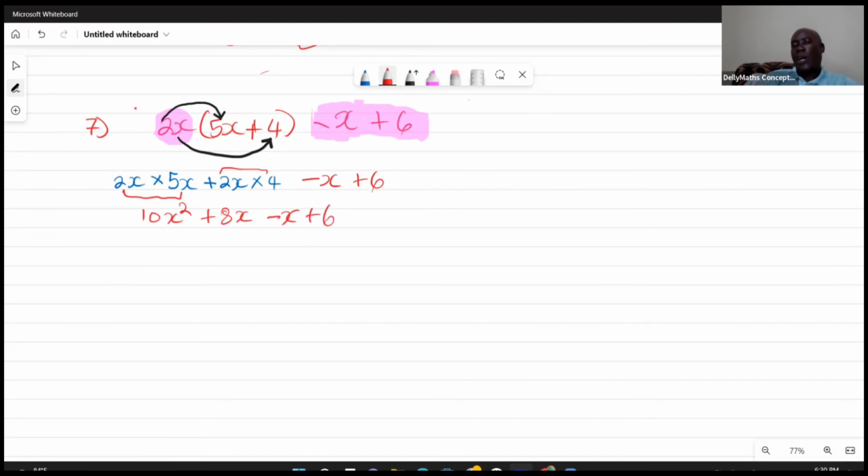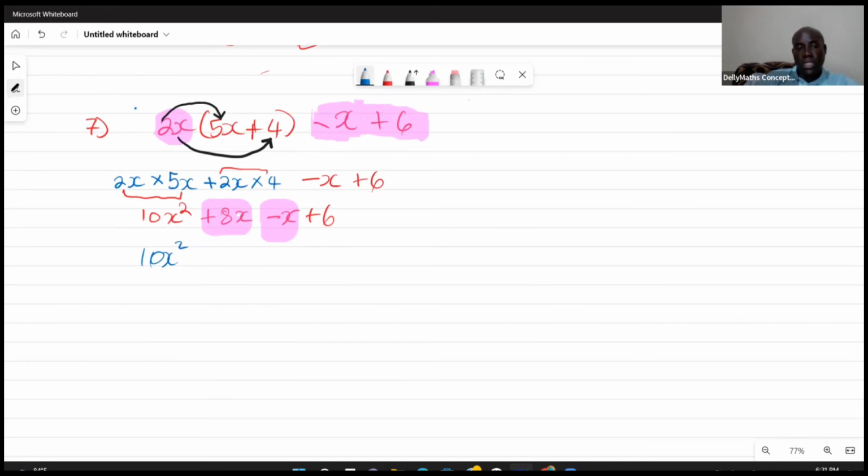Now, you can't just walk away from this because we're noticing that we're seeing like terms. The positive 8x and the negative x are from the same family called the x family. Therefore, we're going to write back the 10x squared because this is a loner, has no family, so you write it back.